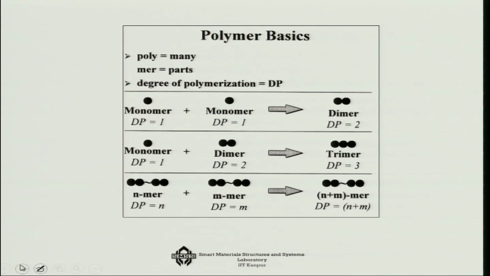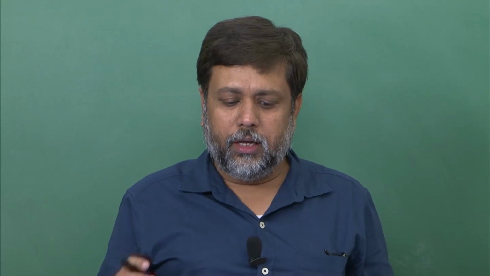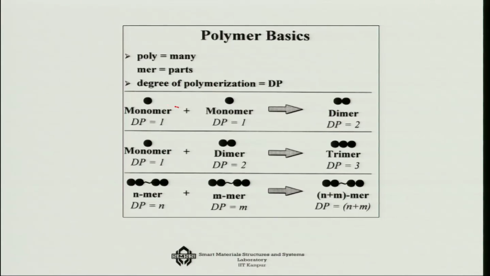Now the word polymer has that Greek part in it, where poly means many and mer means part. So that means whatever polymers you see, it is essentially made of many individual parts. Each one of these individual parts is called a monomer, a single part. Now once I consider two monomers together, if they join their hands, then they become a dimer.